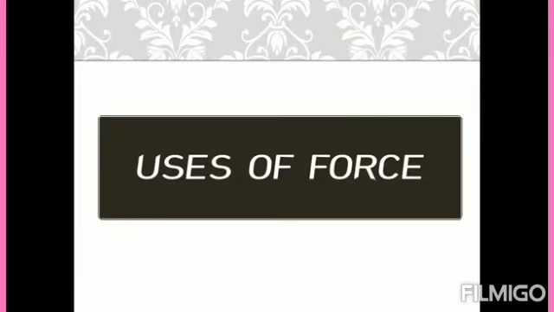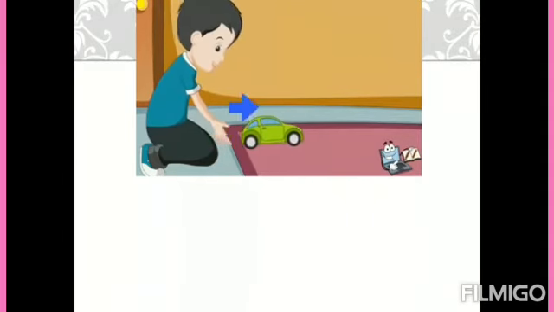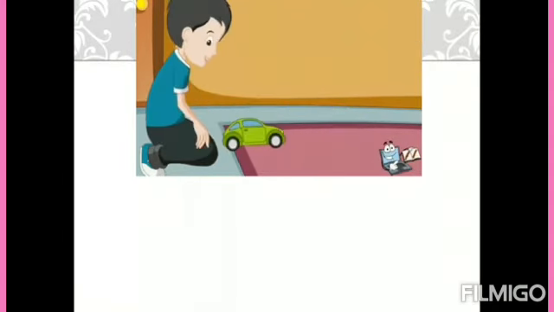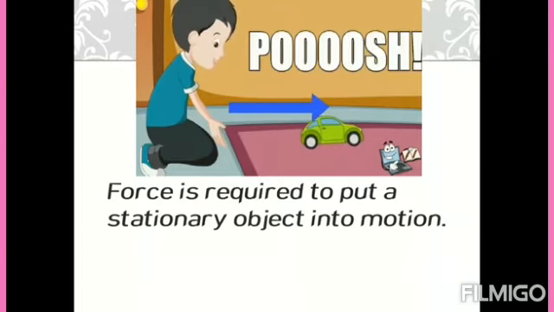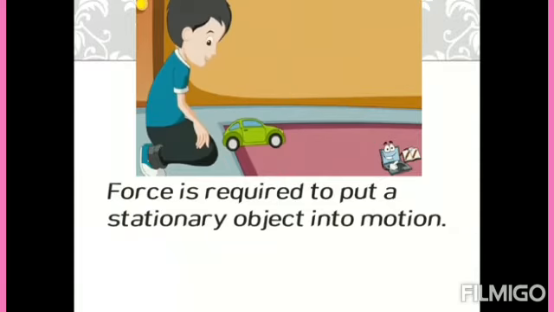Now let us look at some of the uses of force. What is the boy doing in this picture? He is putting some force on the car which is at rest in order to move it. So we can say that force is required to put a stationary object into motion.